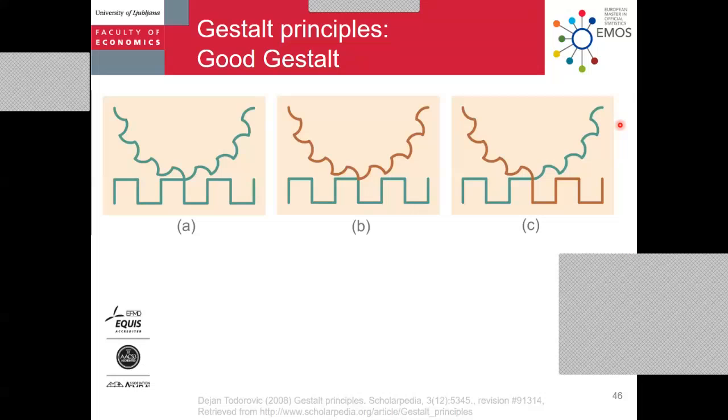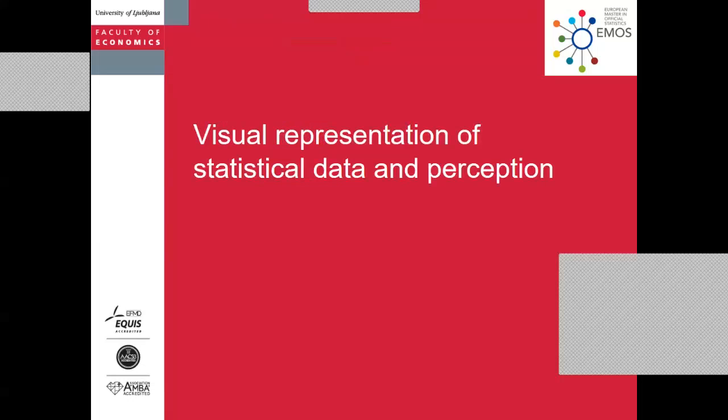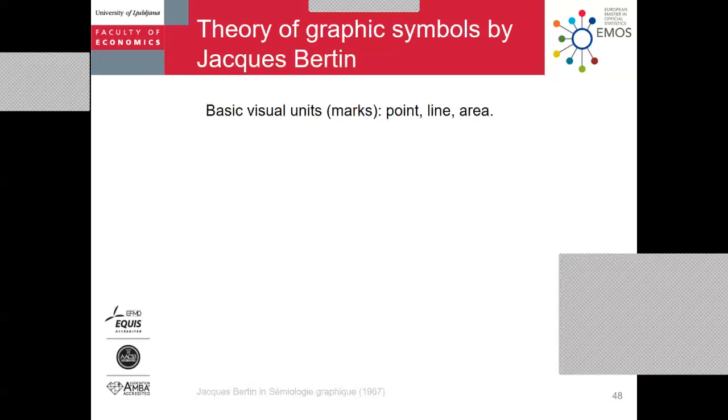We'll now move into the visual representation of statistical data and perception. So how do we visually represent data? What elements do we have at our disposal to display data? Well, Jacques Bertin, a French cartographer, published a comprehensive theory of graphical symbols, and he defined 3 visual units: point, line, and area.